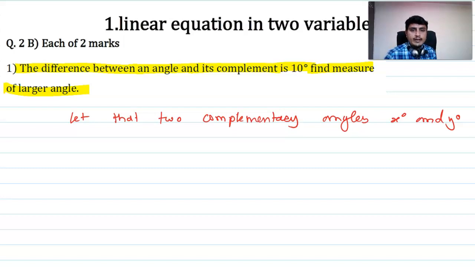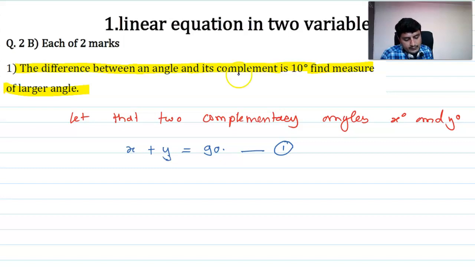When the sum of any 2 angles equals 90 degrees, they are said to be complementary angles. So we have x plus y equals 90 degrees. Let's call it equation number 1. Now the difference between them, that means x minus y, is given as 10 degrees. That means 10. Let us call it equation number 2.